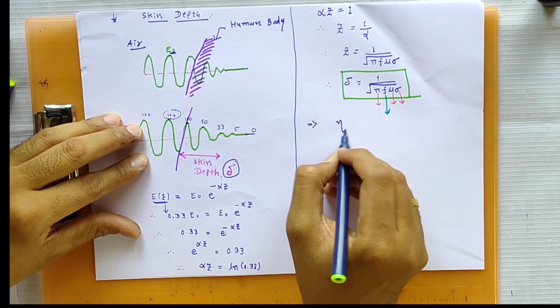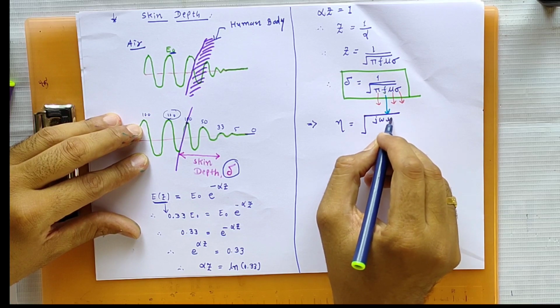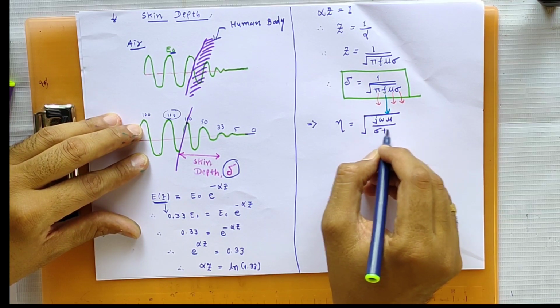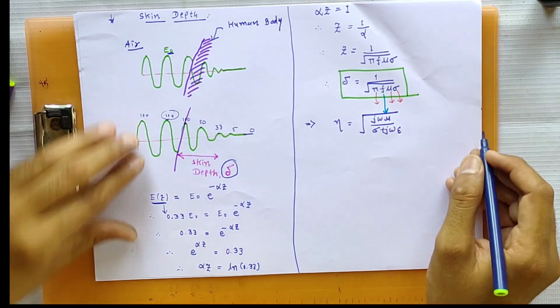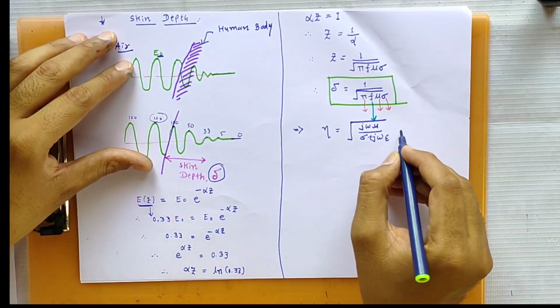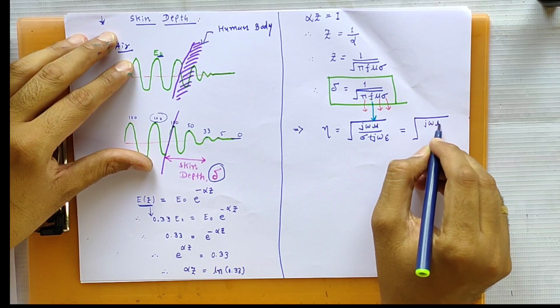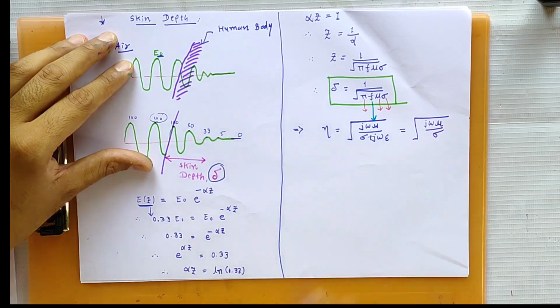We know that intrinsic impedance eta is equal to the square root of j omega mu upon sigma plus j omega epsilon. For a good conductor, sigma is very high, so eta is equal to the square root of j omega mu upon sigma.